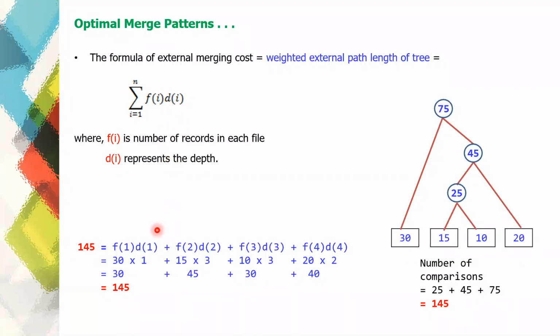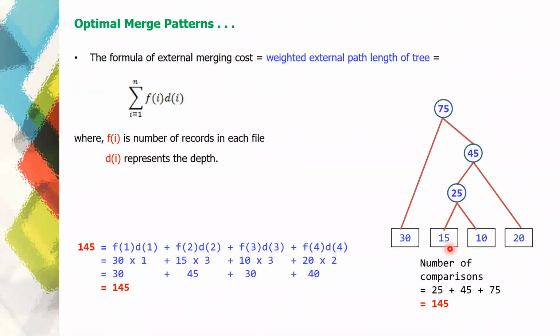So this can be calculated as, you can see, there are 4 files. Take this list L1, whose size is 30, into what is its depth from the root node? It is equal to 1. So that is 30 into 1, the size of the file into its depth in the tree, plus the size of list 2 into its depth in the tree.